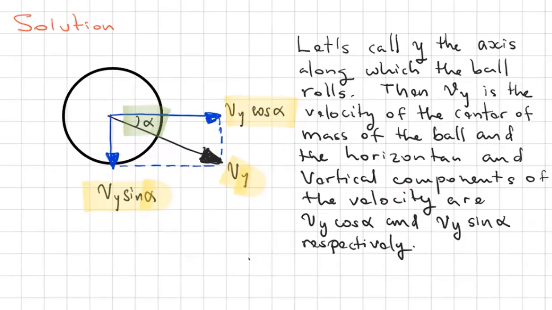So the components of the velocity are Vy cosine of alpha and Vy sine of alpha, as we said. If we want to write those components, we have Vx equal to x dot plus y dot cosine of alpha.